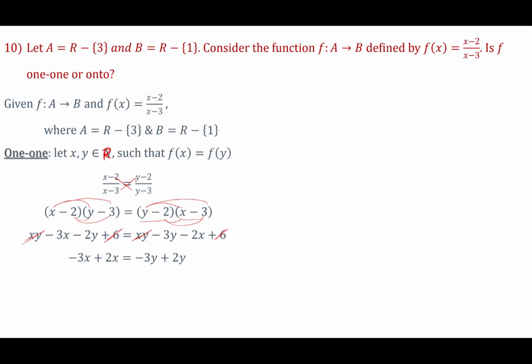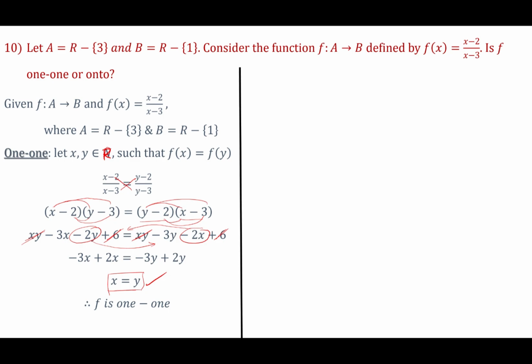This is the remaining part, negative 3x, positive 2y. I switch this, negative 2x on the left and negative 2y on the right. So negative 3x plus positive 2x, which is negative 1x, is equal to negative 1y. Negative negative cancels. I got x is equal y. If I get x is equal y, which means the given function is one-one.